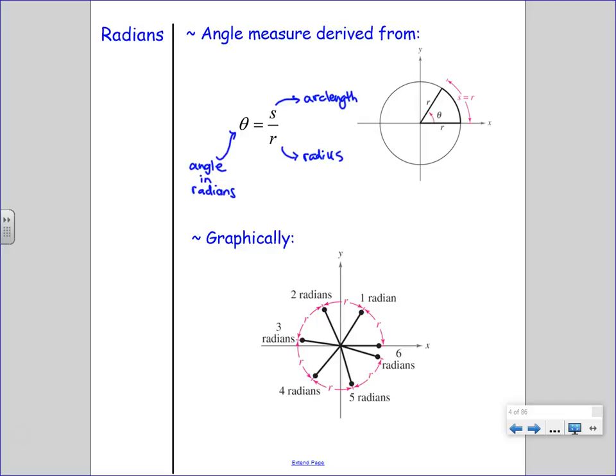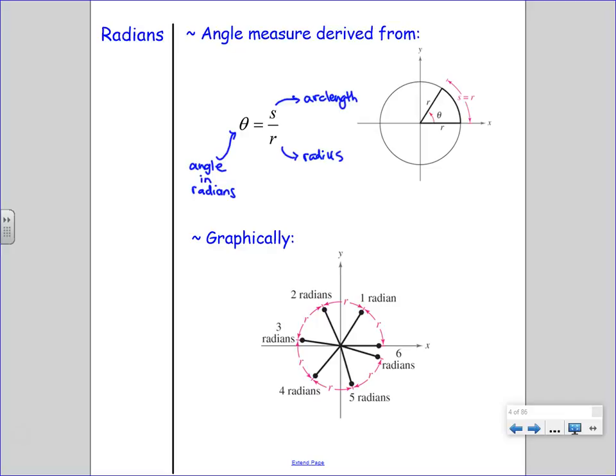With radians, it can be a huge circle, it can be a tiny circle, but either way, the ratio ends up being the same number. Whether it's in miles, centimeters, millimeters, anything in between, the ratio ends up being the exact same for a certain location, and the units end up canceling. Radians are dimensionless. Degrees, not so much.